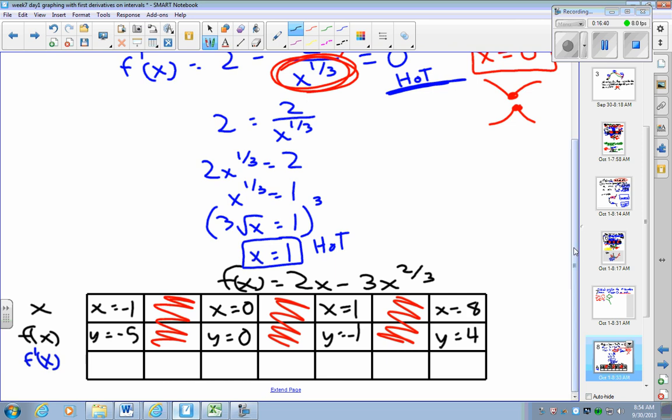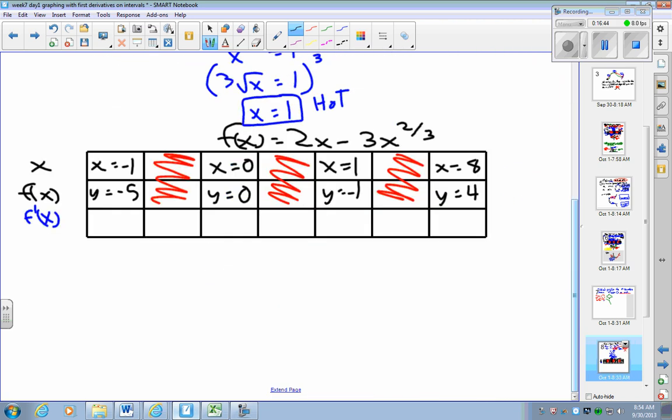Remember, those I plugged into my original equation, which I just wrote down here so it was easier for me to see. Now, I want to get my first derivative, and endpoints are always undefined. Let's see, at 1, we found the horizontal tangent, so that's when the derivative was 0, and at 0 is when we found the undefined.